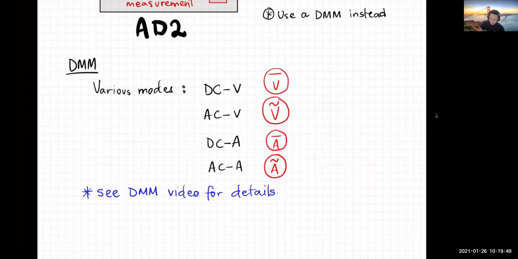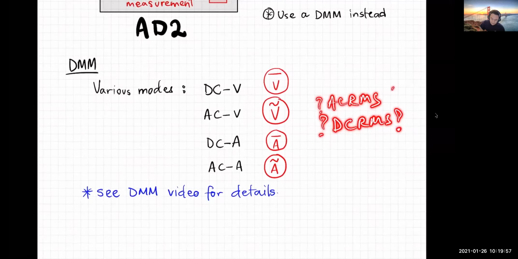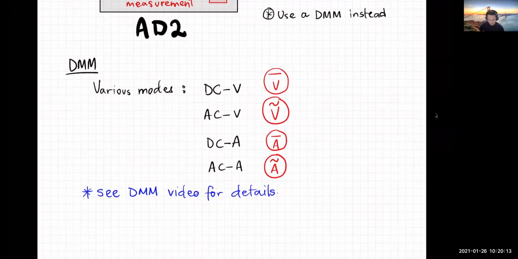But the question is, does it measure AC RMS or does it measure the DC RMS? This answer can depend on the DMM that you're using. You should be able to figure that out, given you're generating a particular signal that you know what its DC and AC RMS should be.